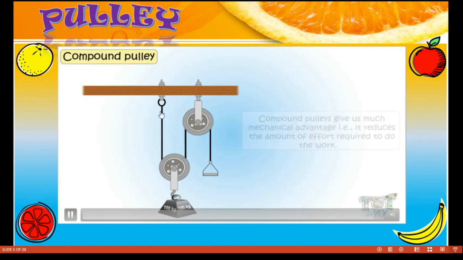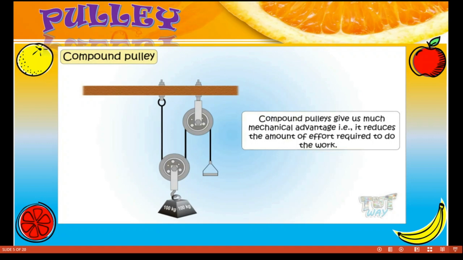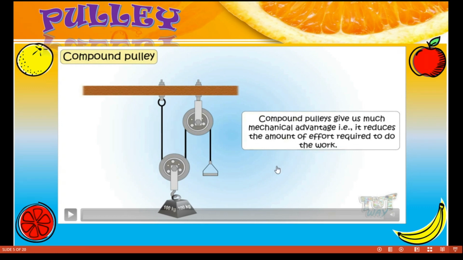Whereas a compound pulley gives us much mechanical advantage. That means it reduces the amount of effort required to do the work. Already I told you, effort is nothing but the force applied on a simple machine.